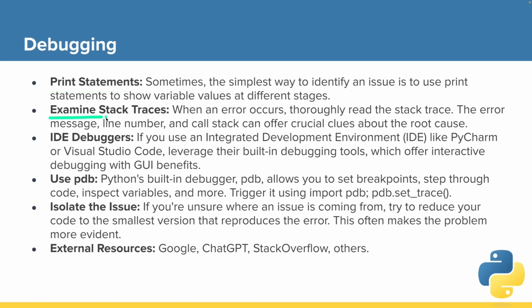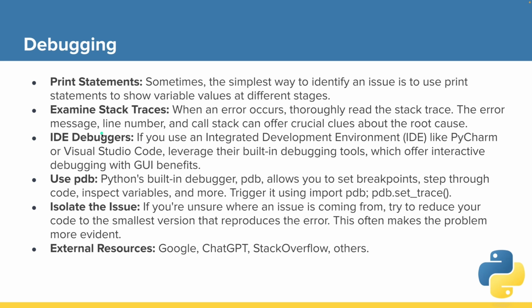We should examine the stack traces. When an error occurs, read the stack trace. The stack trace just shows where the error is coming from. When we run our Python program, if the output is an error, the stack trace is the sequence of code that led to that error.